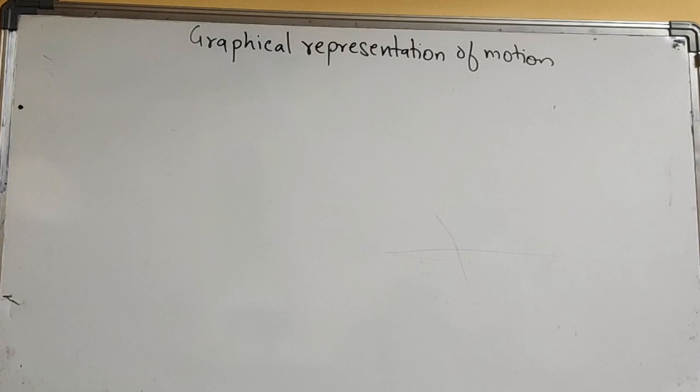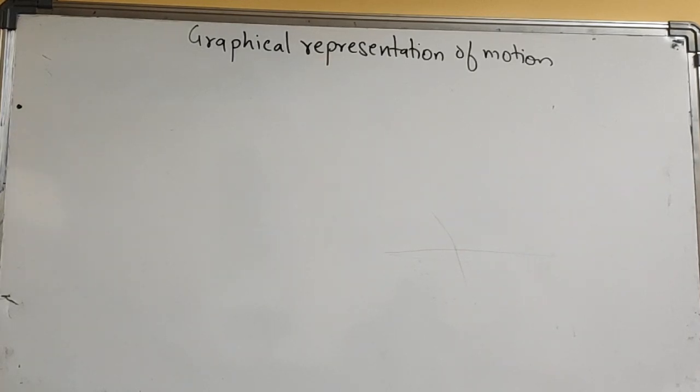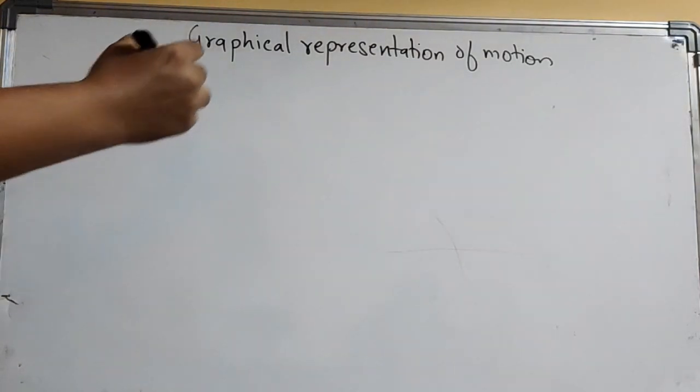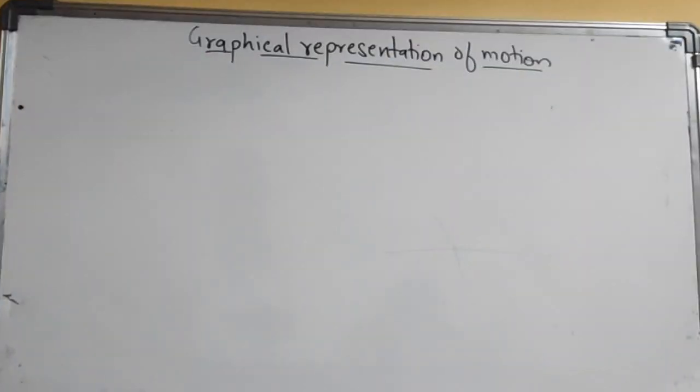In your lower standard in mathematics, you have drawn graphs representing given data. Graphs help us understand the given data in a much simpler and easier format. So in this topic, we are also going to use the graphical representation for motion.